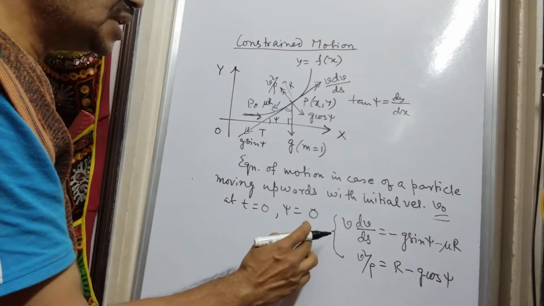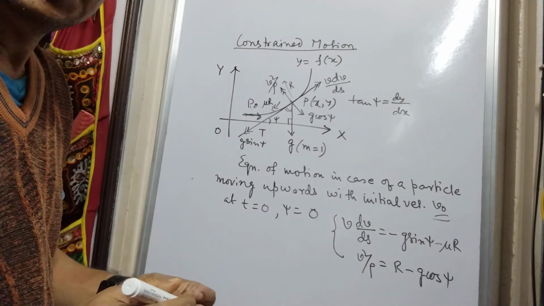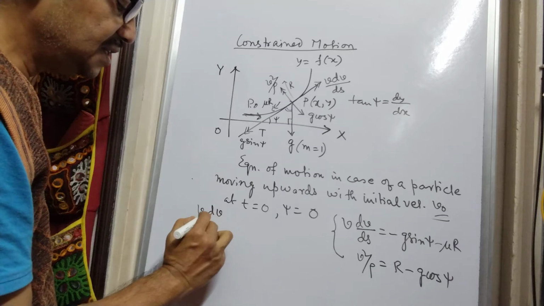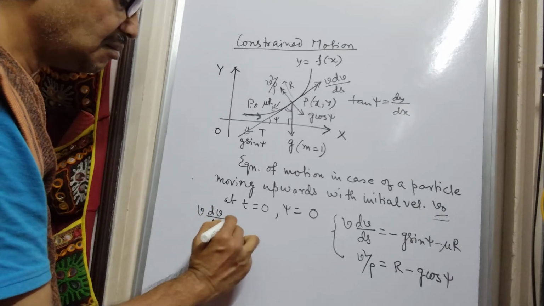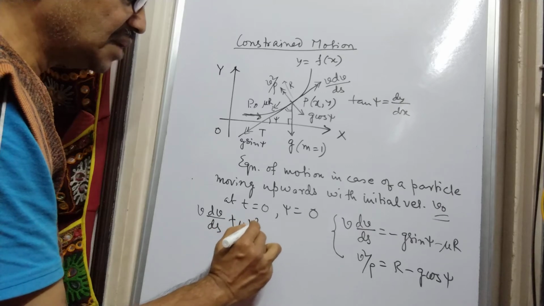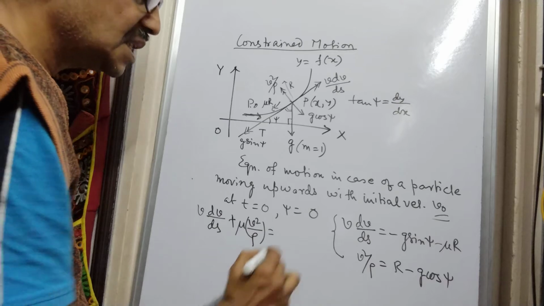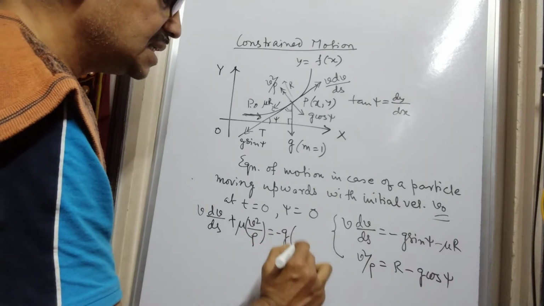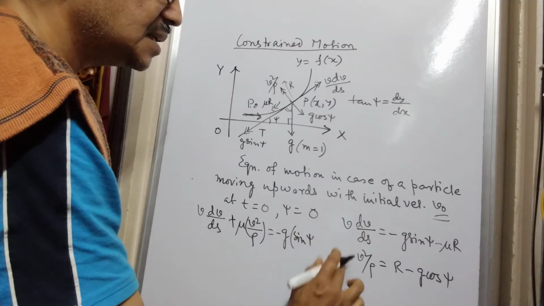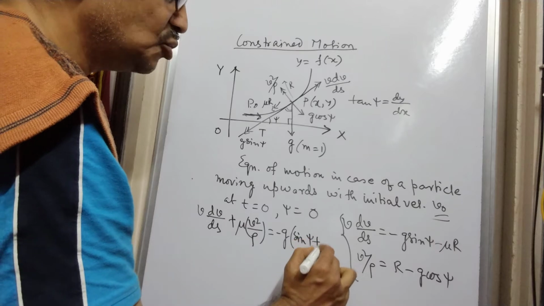So from these two equations we may easily write that v dv/ds plus mu v square by rho is equal to minus g (sin psi plus mu cos psi).